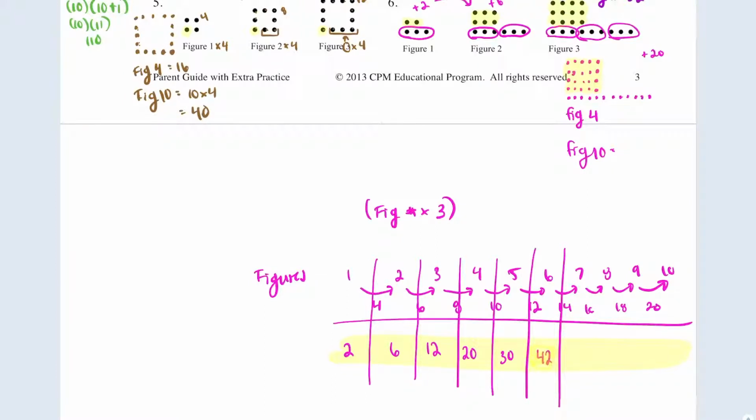Okay, and then next I'm going to add 14. So that should be 56. And then I'm going to add 16. That should be, I believe, 72. Then I'm going to add 18. That should be 90. And then finally add 20. That should be 110.